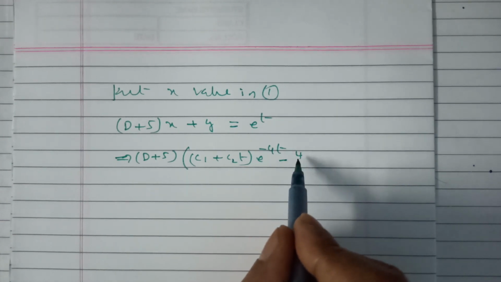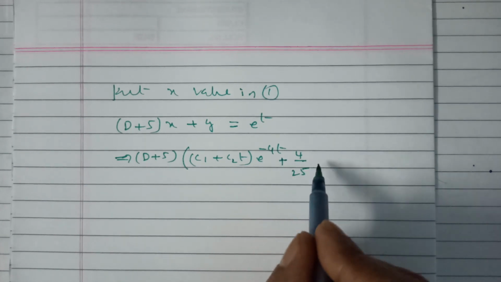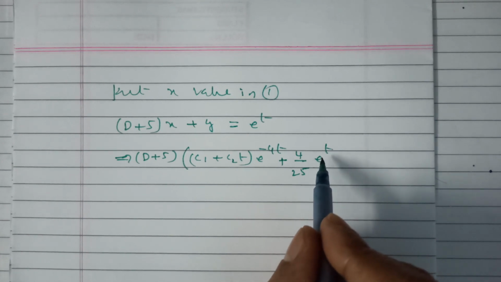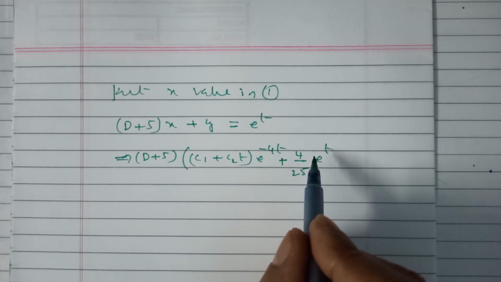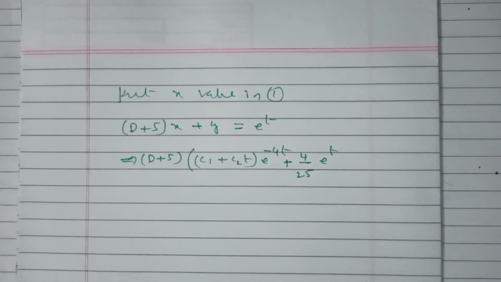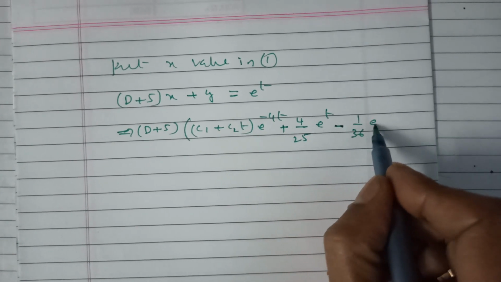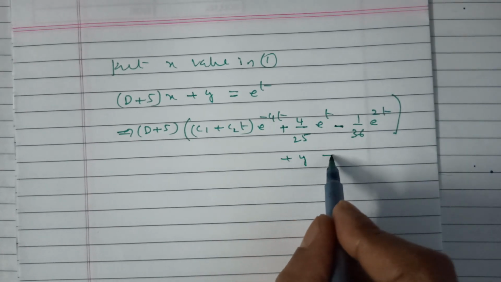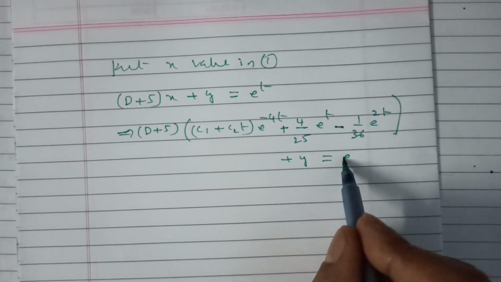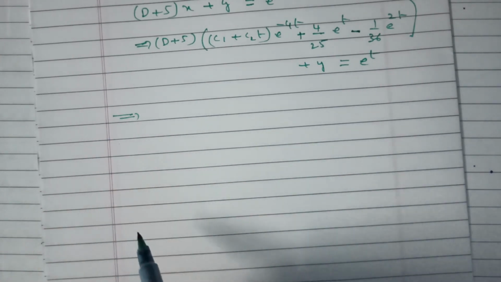minus 4 by 25, that is plus 4 by 25 e power t minus 1 by 36 e power 2t plus y is equal to e power t, implies, right.